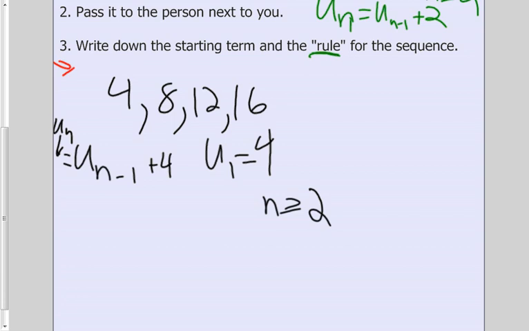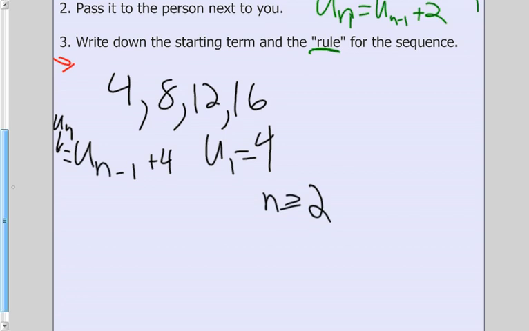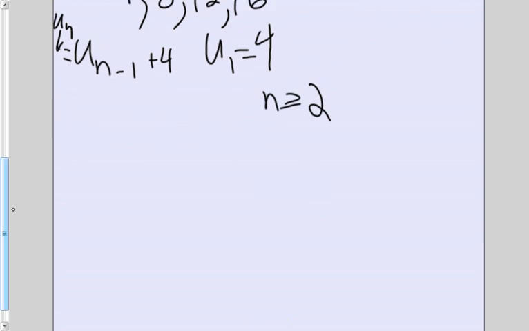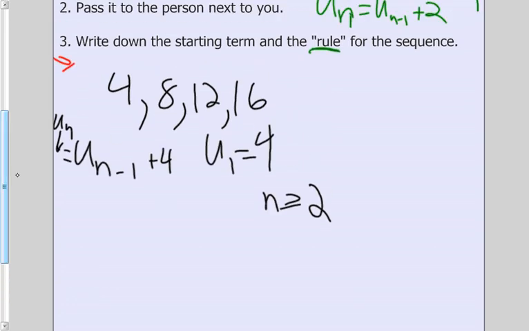It's just some number. Let's get another person's sequence up here. Talk to me about what you're confused about with this.